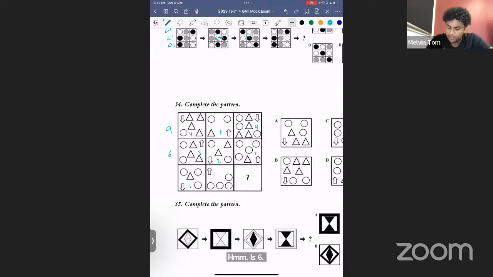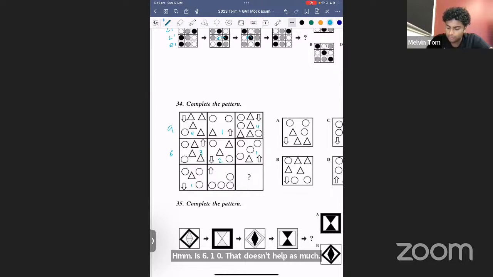That doesn't help as much. 4 minus 3 is 1. 1 minus 2 should be 1. 4 minus 1 should be 3. But that doesn't make much sense. The triangle doesn't make any sense to me at this stage.